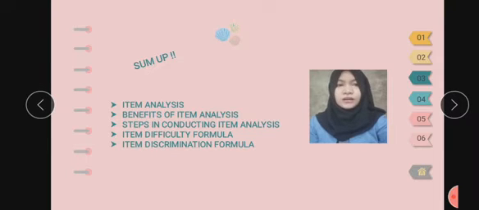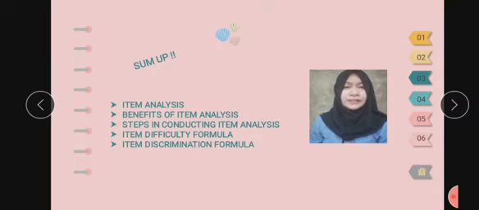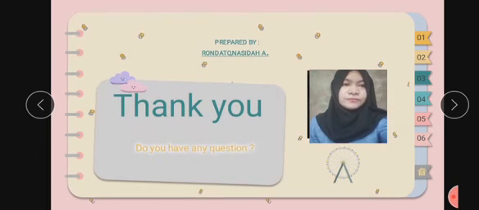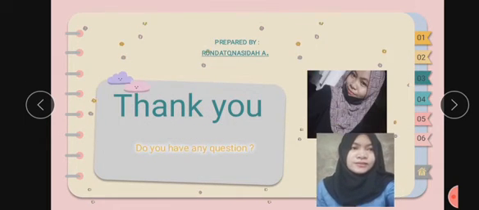And then for the discrimination formula is, before that, mag-base tayo doon sa interpretive table. Okay, so for the discrimination power, which is DU minus DL, which is kailangan muna natin kunin yung DU at saka DL bago natin na-solve si discrimination items.